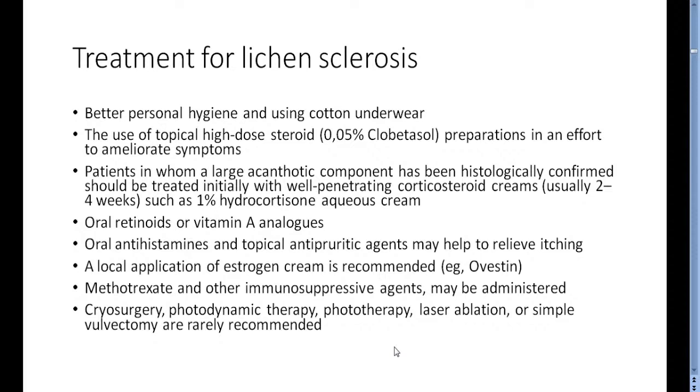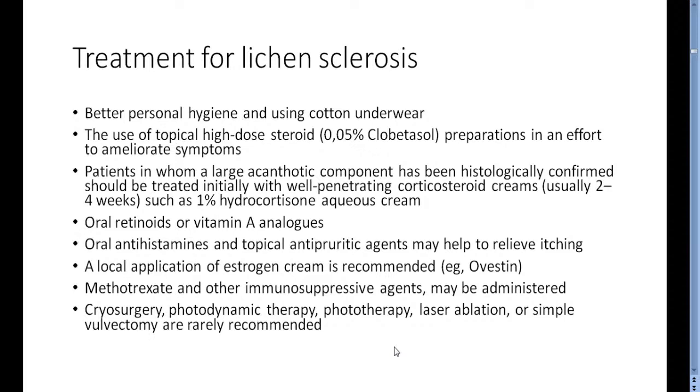Local applications of estrogen cream, especially for postmenopausal women, are strongly recommended. The brand name is Ovestin, but there are many other brand names on the pharmaceutical market. So estrogens inside the cream are important.